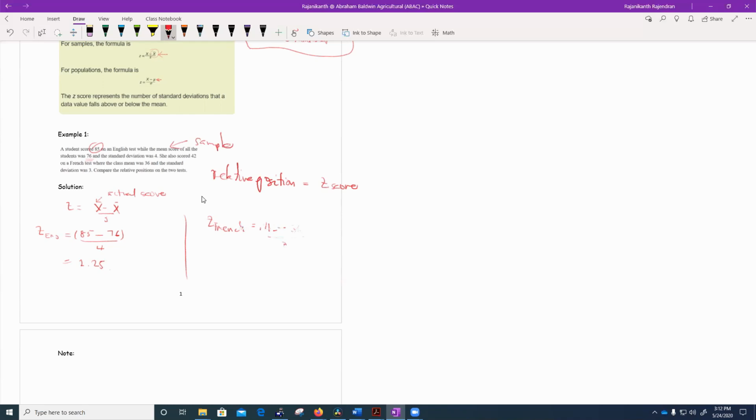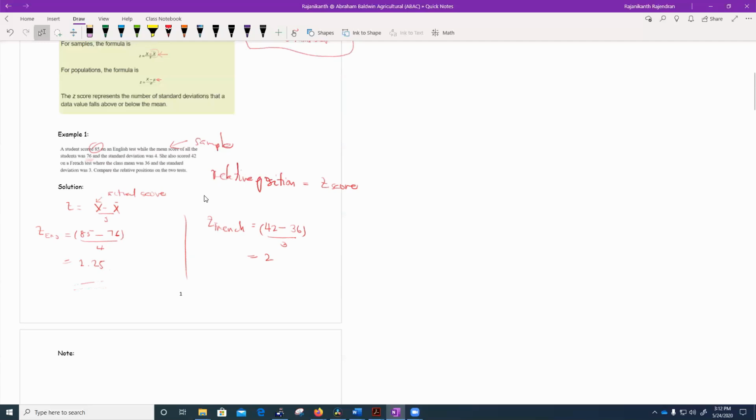So this will give you 42 minus 36, which is 6 over 3, which is 2, right? So now you could compare these two. Which one is higher? Obviously, the English z-score is higher, right? That means the English subject has the higher relative position than the French.